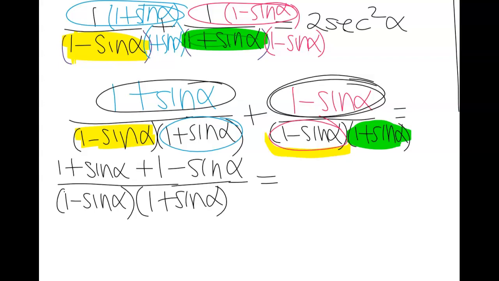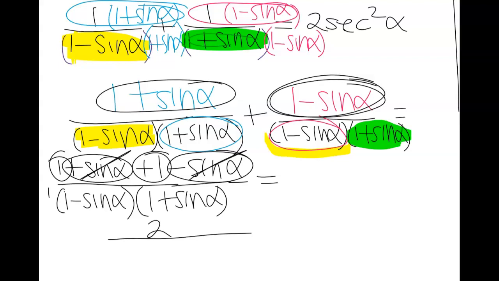From here, we have 1 plus 1, so that will equal 2. Positive sine alpha minus sine alpha will cancel out. They equal 0.